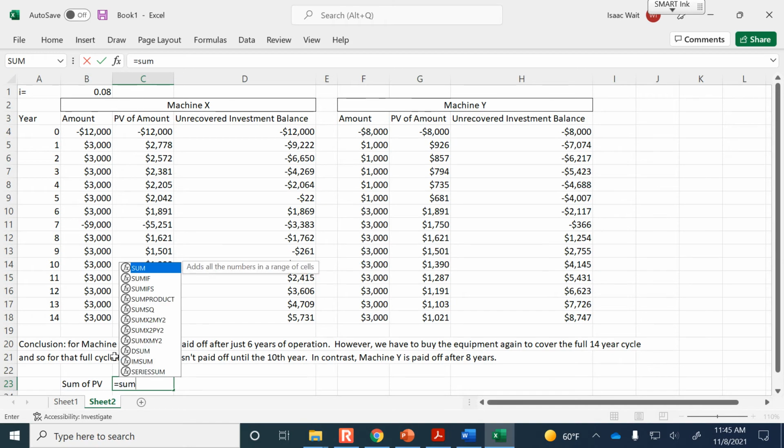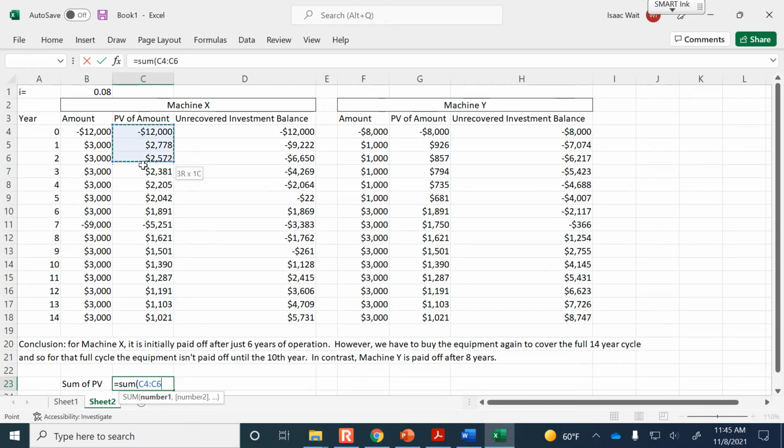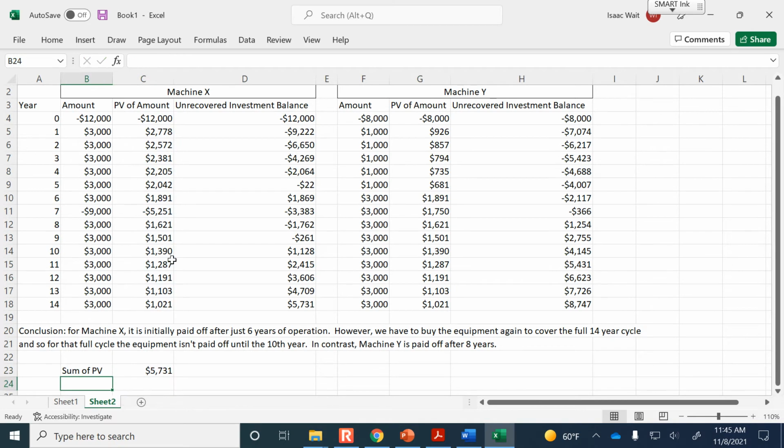So if we add up the sum of the PVs, what that tells us is that the 2 equipment cycle of machine X has a present value of 5731. So that's the present value of our net profits if we go with machine X. And machine Y, the sum of the PVs is, let's see, 8747.